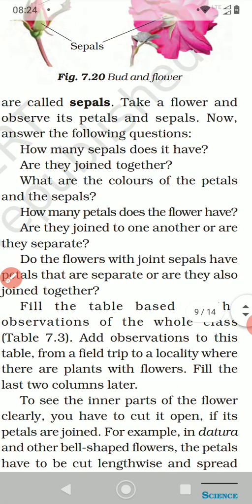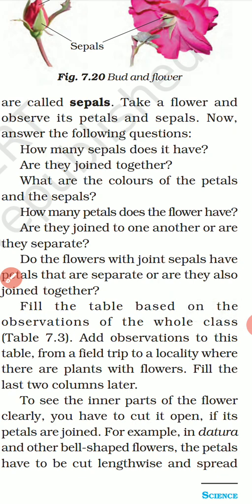Now, are they joined to one another or are they separate? Do the flowers with joined sepals have petals that are separate, or are they also joined together? Take an example of the Datura plant.